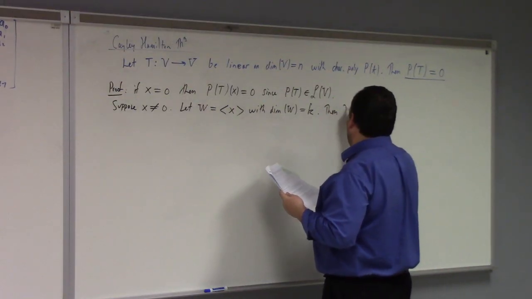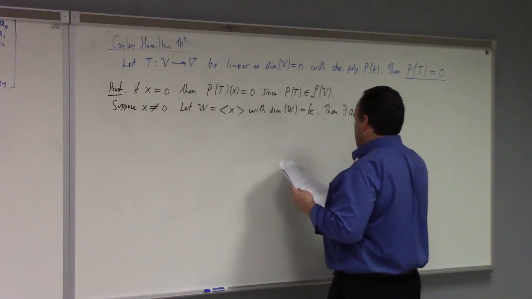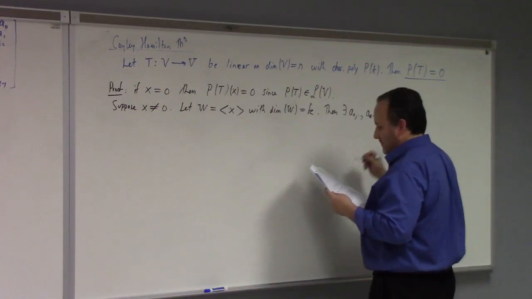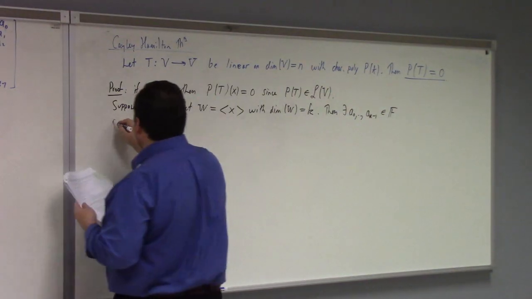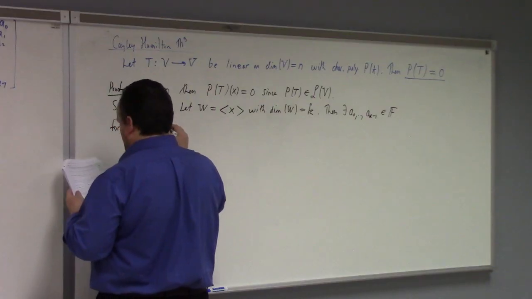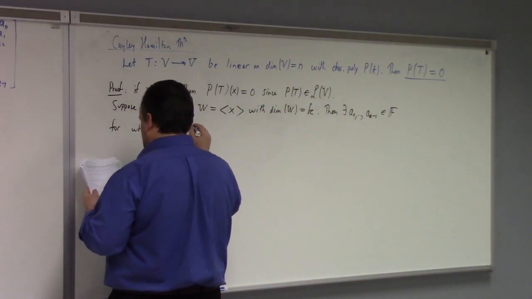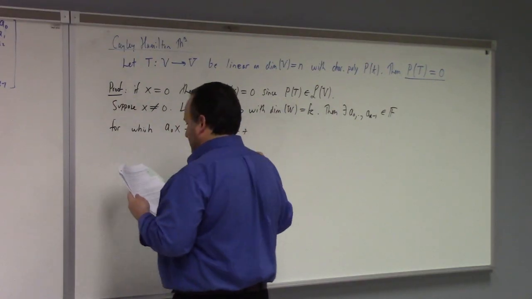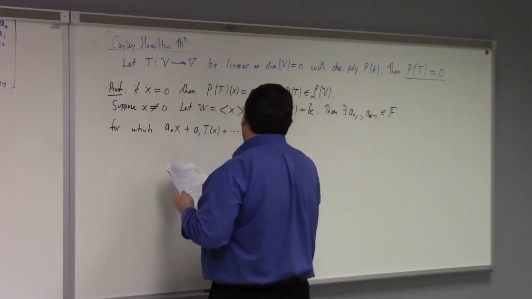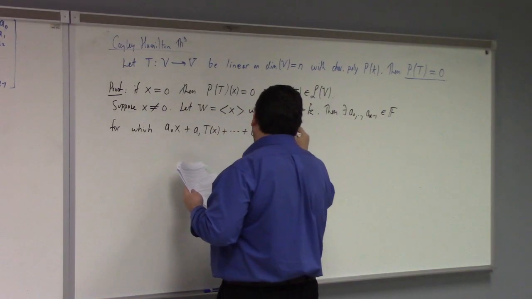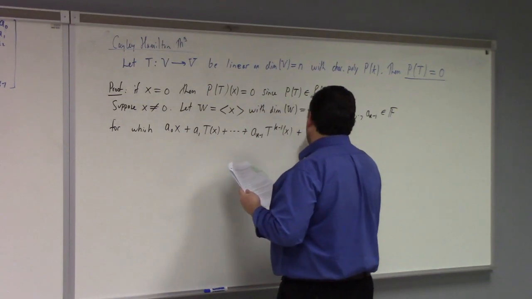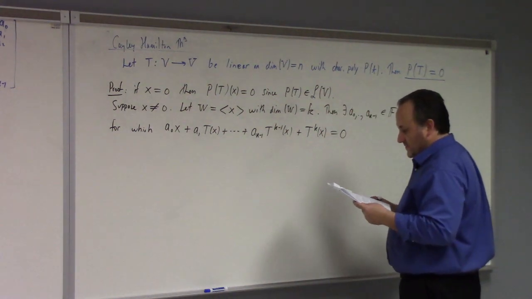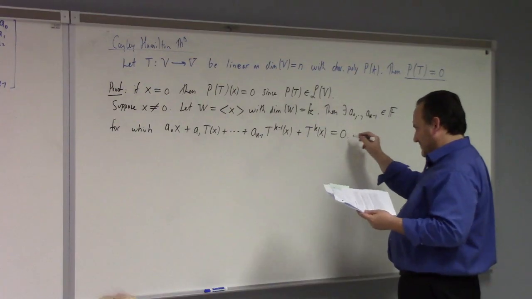Then there exist a sub 0 through a sub k minus 1 in the field for which a sub 0 times x plus a sub 1 times T of x plus dot dot dot plus a sub k minus 1 times T^(k minus 1) of x plus T^k of x is equal to 0, right? By the theorem that I just almost proved. This part we proved. Up to now, we earned this much.